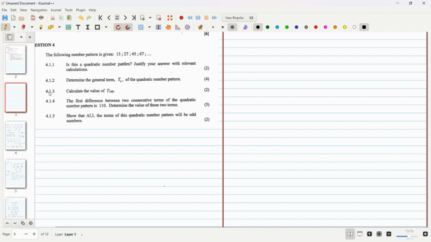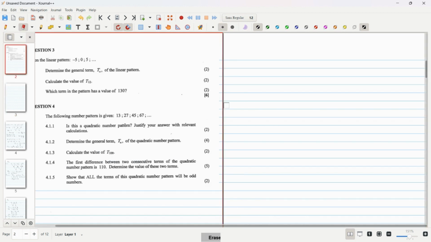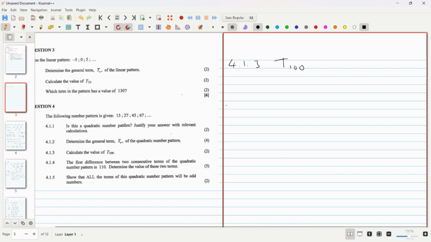Okay, so moving forward, for the next question, they asked us to calculate T100. So 4.1.3, we need to calculate T100. Okay, so we need to go back to our general formula. Our general formula was Tn equals 2n squared plus 8n plus 3.